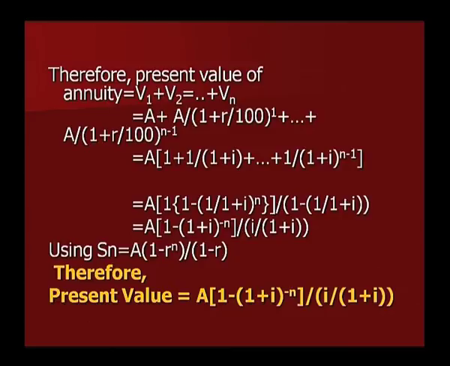Using the formula Sn is equal to A (1 minus R^n) upon (1 minus R), therefore the present value is equal to A multiplied by [1 minus (1 plus i) to the power minus n] whole divided by i upon (1 plus i).